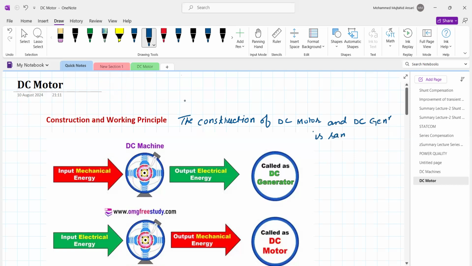When the construction is same, definitely the classification based on the construction of machine will remain same.